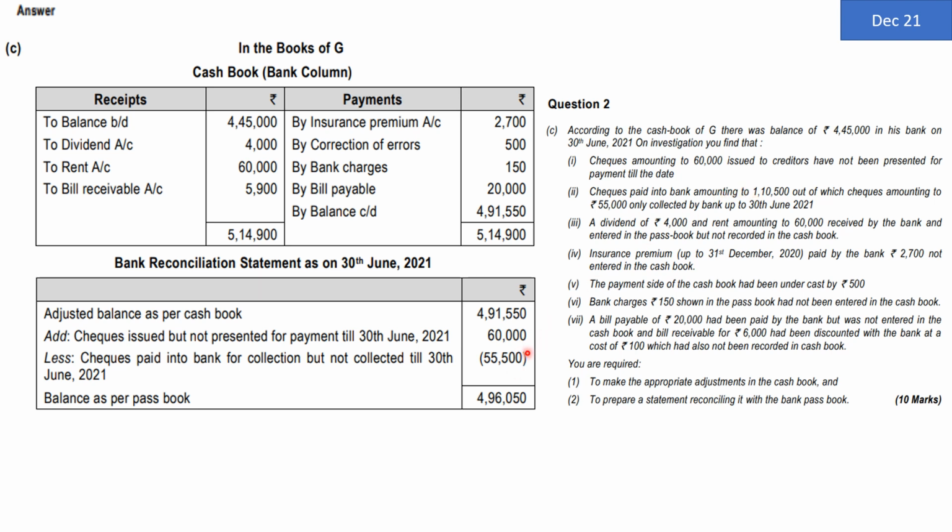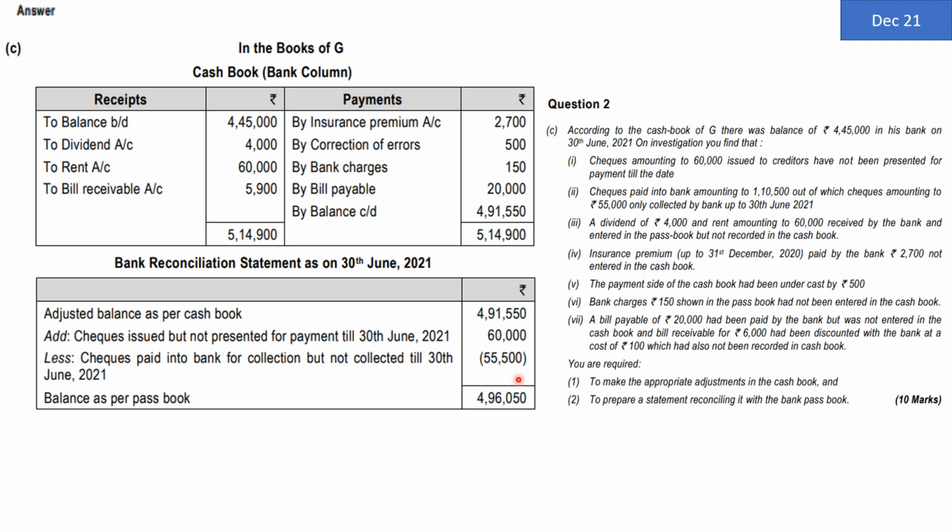So the remaining amount of 55,500 will have to be shown by us as the amount of checks which are recorded by us as received, but the passbook has not yet received them. Therefore, let us deduct the same. Checks paid into the bank for collection but not yet collected till 30th June, 55,500 to be deducted. The remaining amount is the balance as per passbook, 4,96,050.